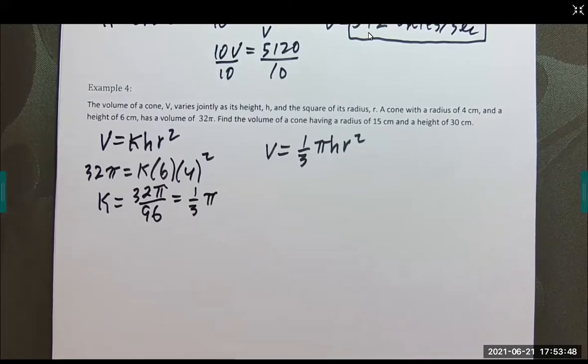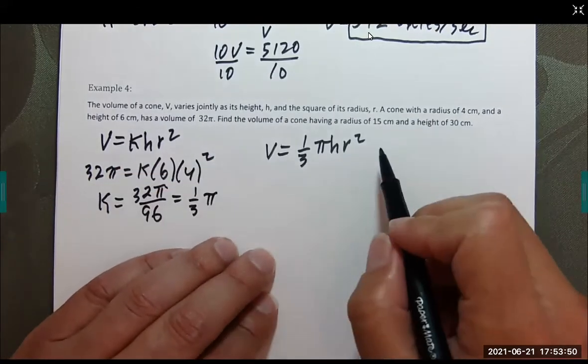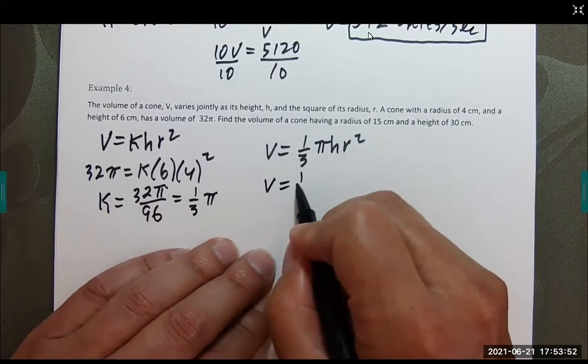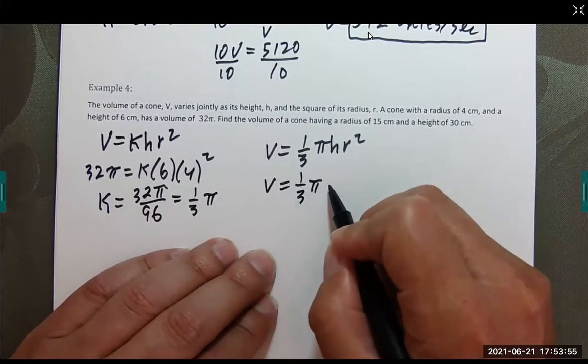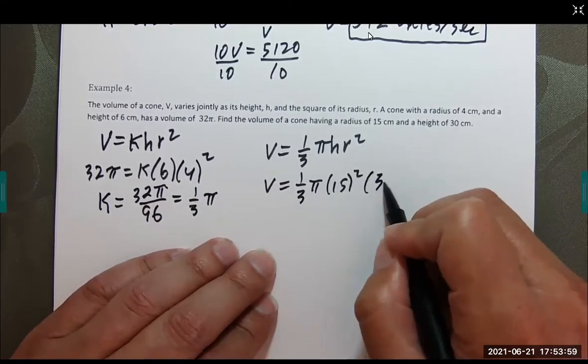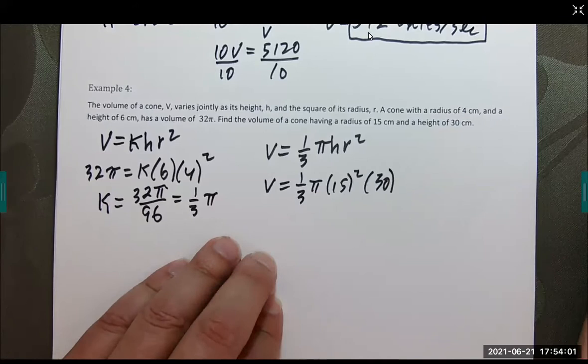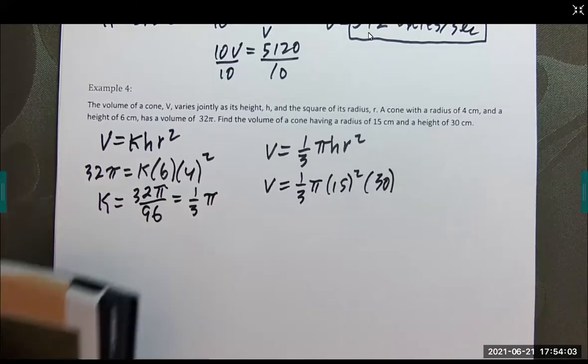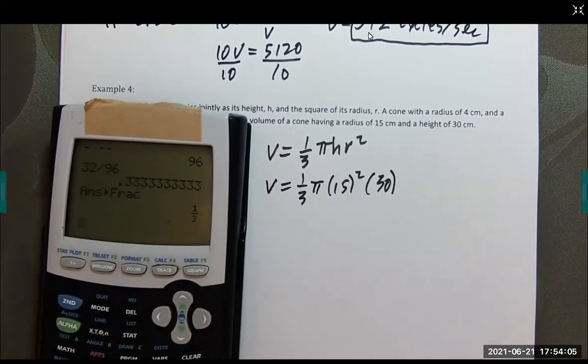So now it wants to know, find the volume of a cone having a radius of 15 centimeters and a height of 30. And I'm going to get us an exact as well as an approximate. So 15 squared times 30 divided by 3.